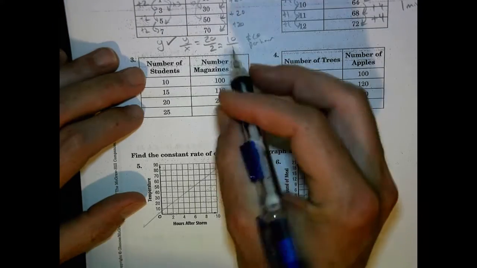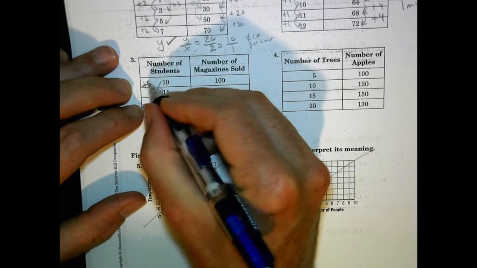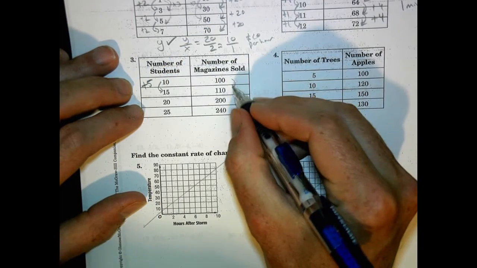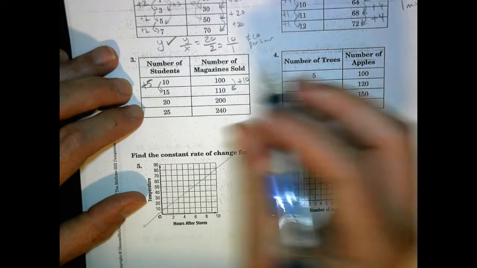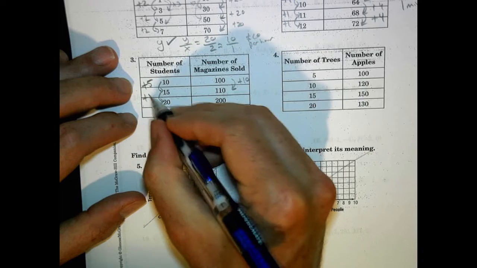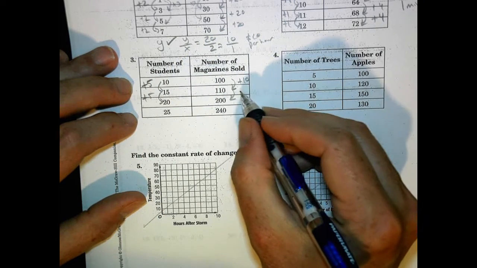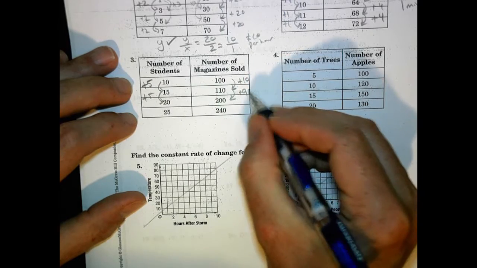Number 3. All right, we got 10 to 15, so we can say it's adding 5 if we want to, and 100 to 110 means it's adding 10. Let's see if it works to the next line. 15 to 20 is adding 5, and 110 to 200 is adding, oh my goodness, 90. Well, that's a big change, isn't it?